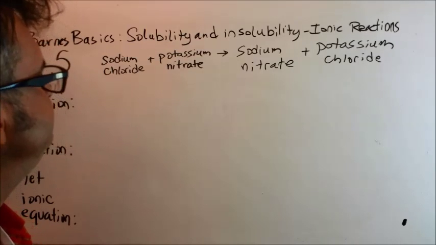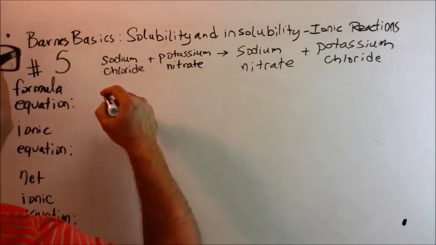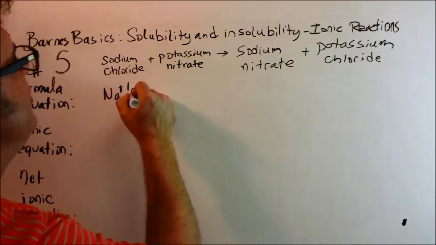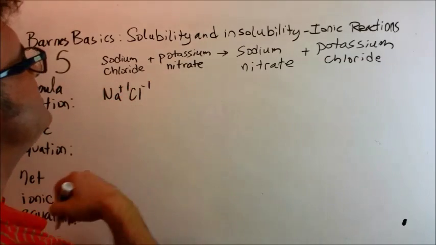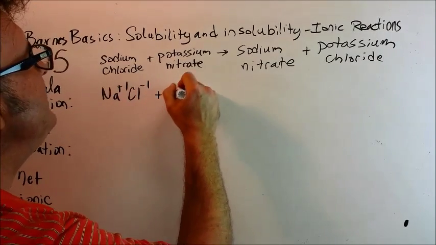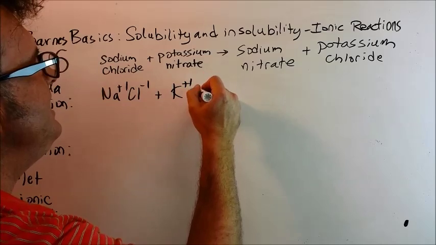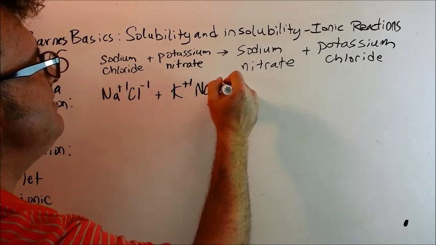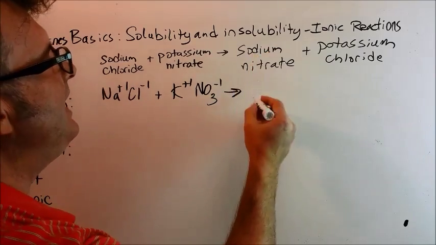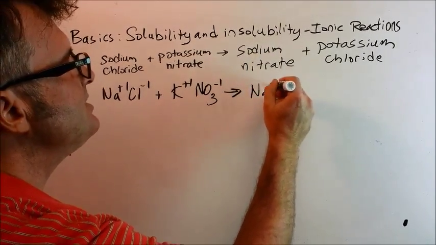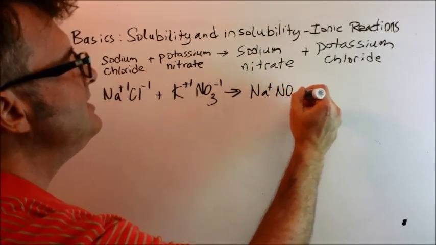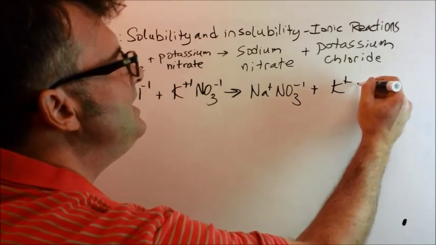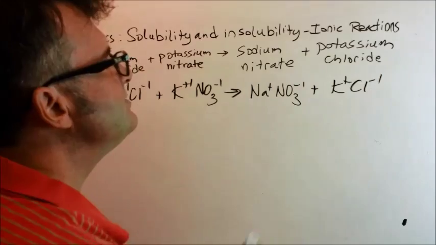So here we go. We know that sodium is Na, it's +1, and that chlorine is Cl -1. We know that potassium is +1, and we know that nitrate is -1. We know that sodium is +1 and nitrate is -1. We know that potassium is +1 and chlorine is -1.